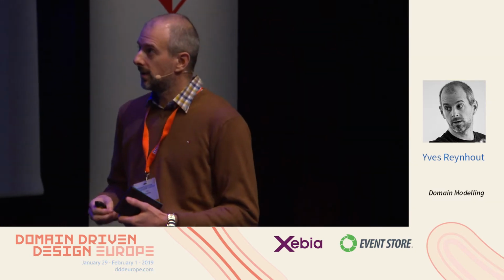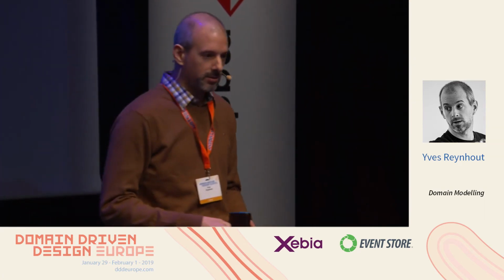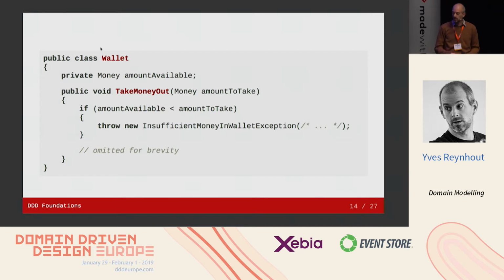And that could manifest itself in a piece of code, and even if you don't know how to read this code, you can clearly see that in order to take money out, I'm checking whether the amount available in my wallet is bigger than the amount to take. I've inverted the thing here.